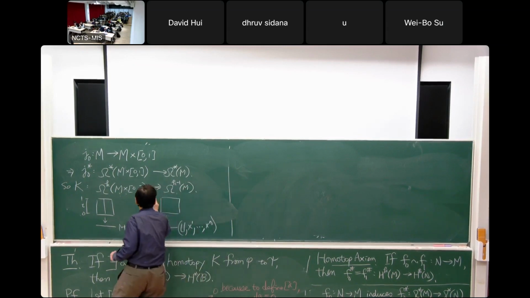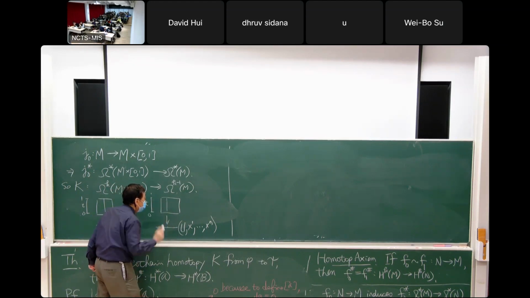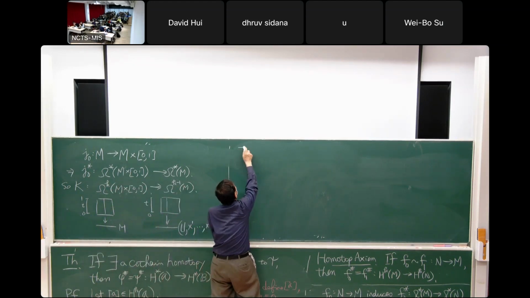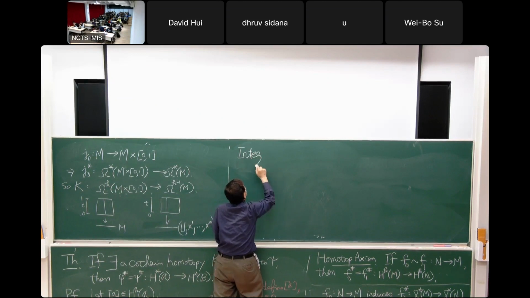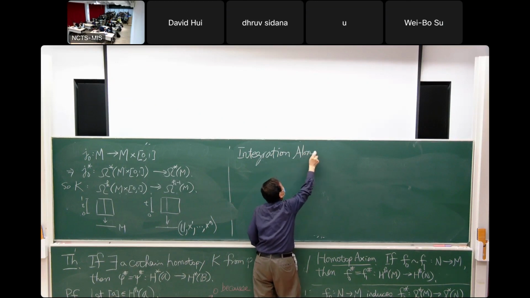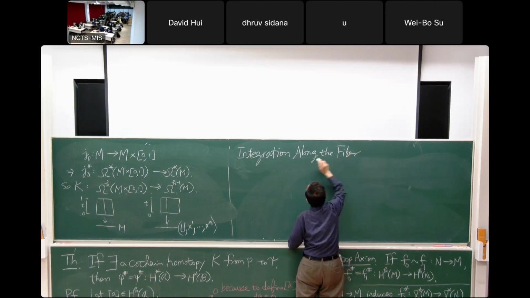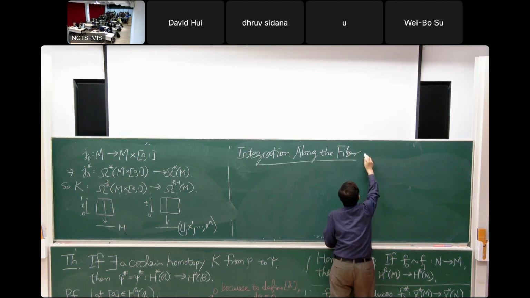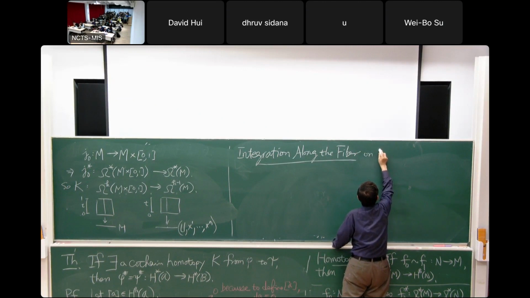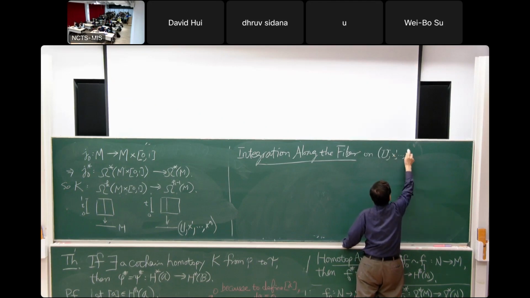And on the unit interval, the coordinate is t. Let's define integration along the fiber on U cross I.